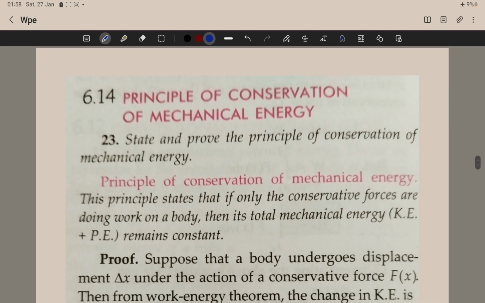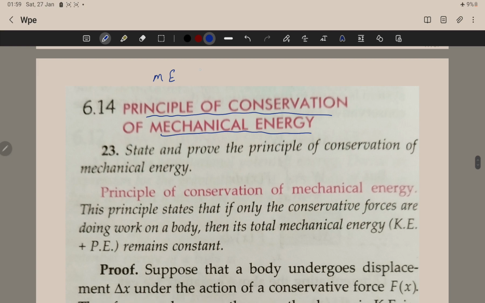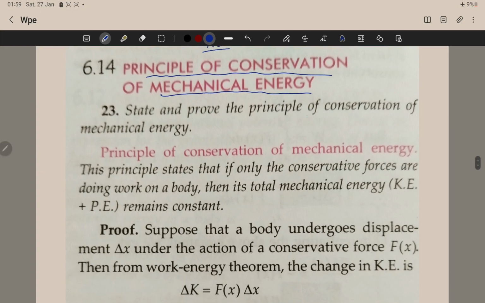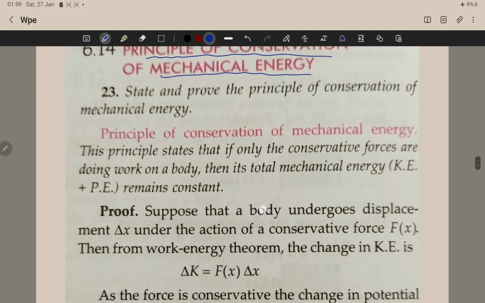The next topic is the principle of conservation of mechanical energy. We learned that mechanical energy, which is energy by mechanical means, is of two types: potential energy and kinetic energy. Now we are going to learn and prove the principle of conservation of mechanical energy, that the mechanical energy is conserved.